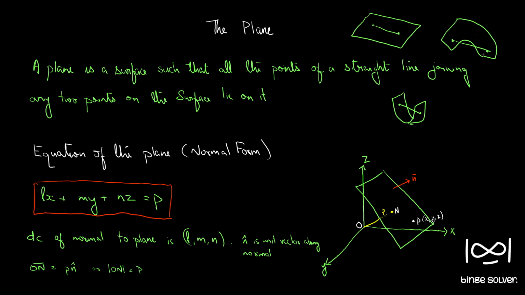Hence this surface, even though it lies entirely in one plane, is still not a plane, since we can take 2 points, connect them with a line, and see whether all those points lie in that surface. So this is the definition of the plane. You can use this definition to show whether different equations represent a plane or not.